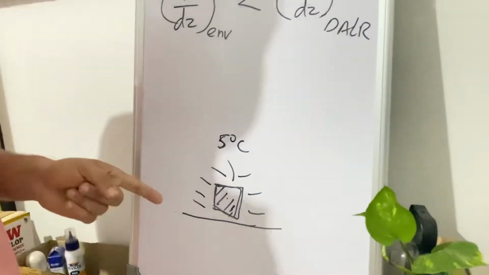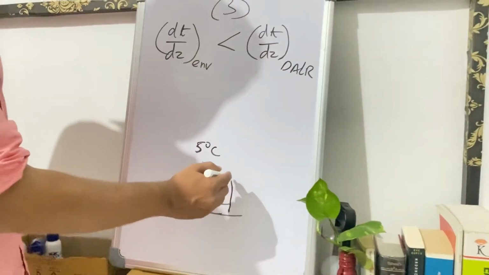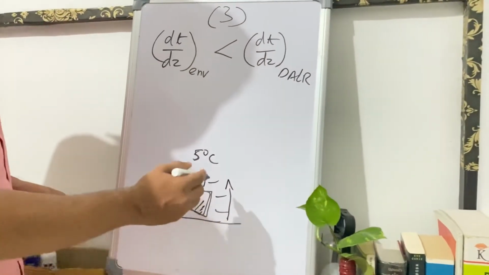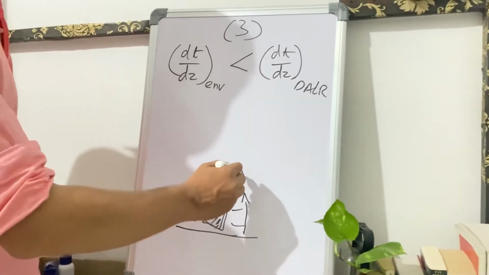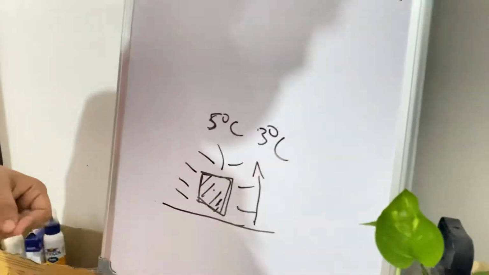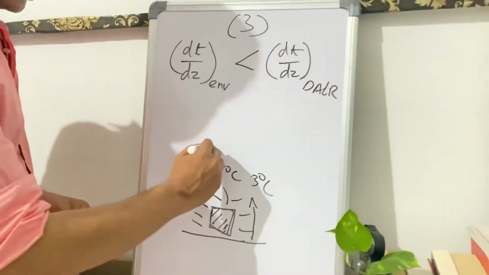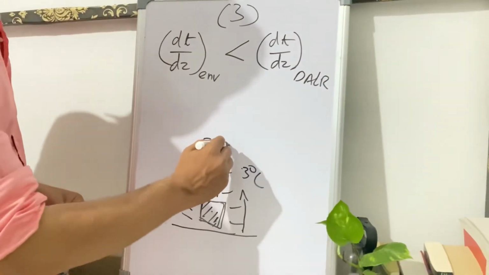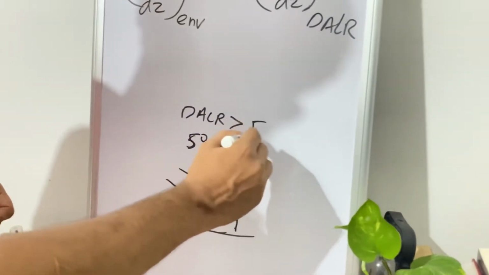Okay, and the temperature decrease in its surroundings when it goes up is only about 3 degrees Celsius. In this scenario, the DALR is greater than ELR.